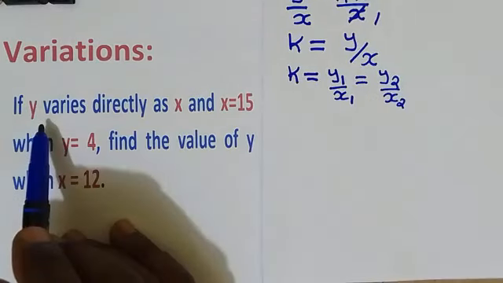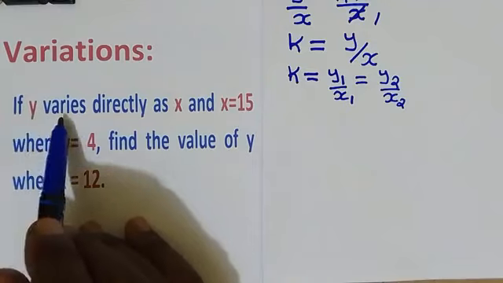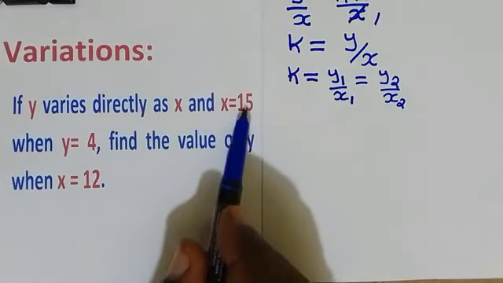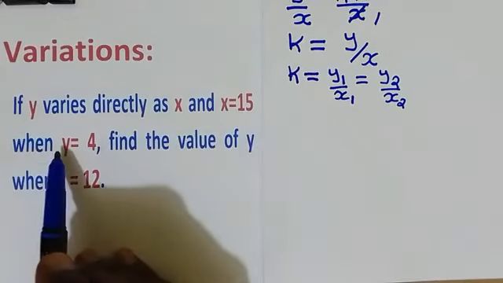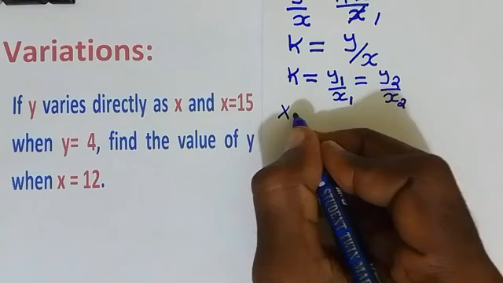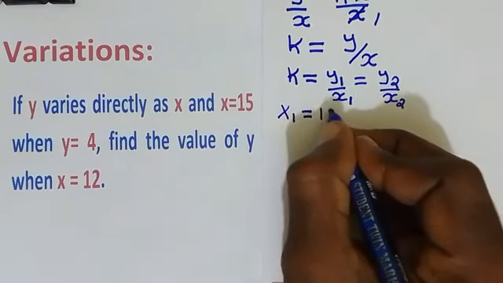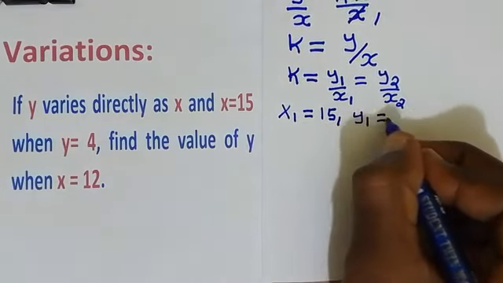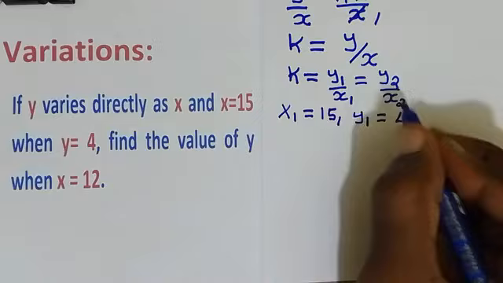Our question says y varies directly as x and x is equal to 15 when y is equal to 4. So x1 is equal to 15, and y1 is equal to 4.